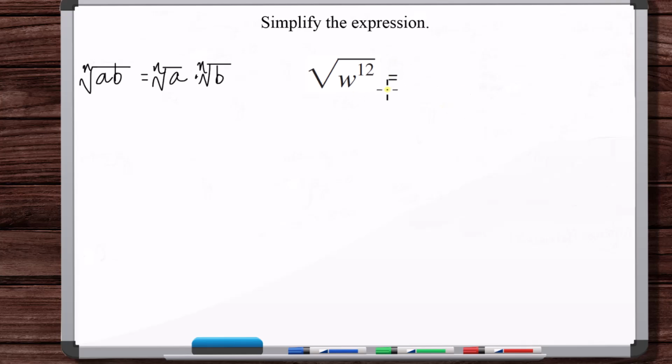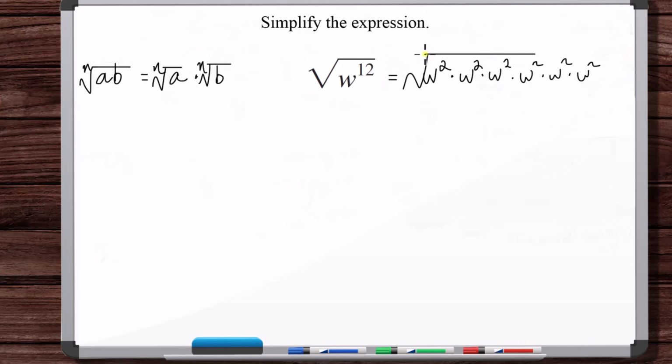But all right, we know that we can write this as the principal root of w. Well, let me do this first. We can write this as w squared times w squared times w squared times w squared times w squared, and then one more. That's 6.